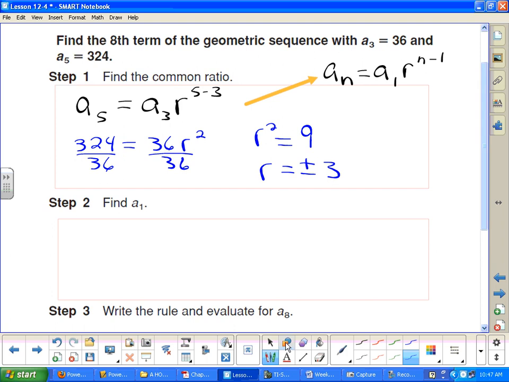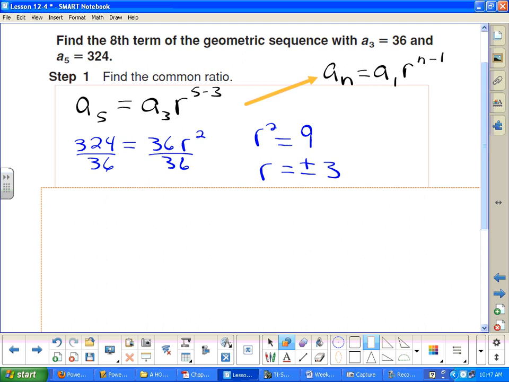Let me see. So now to find the eighth term, we'll say we want a sub 8 equals, we'll work with the fifth term, a sub 5 times r to the 8 minus 5 power.